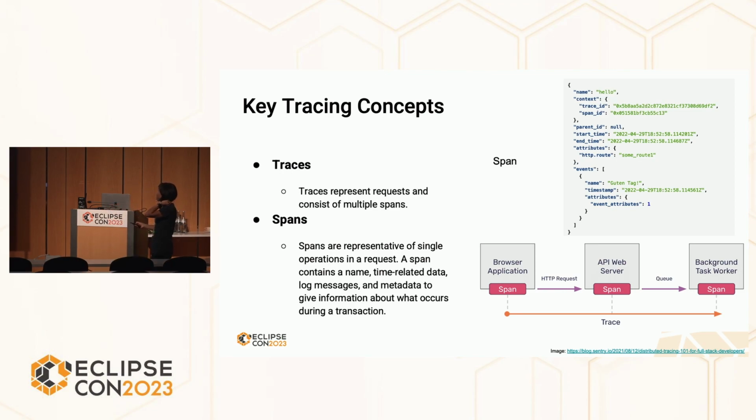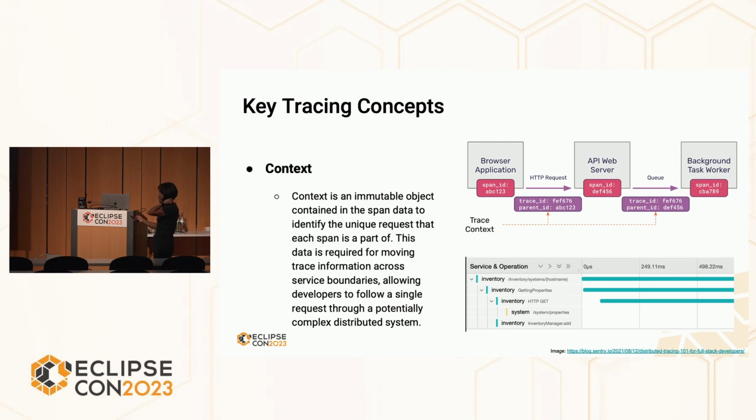With this information you can correlate that these two purple ones belong to one trace. The trace ID is FEF676. So these three spans belong to one trace.